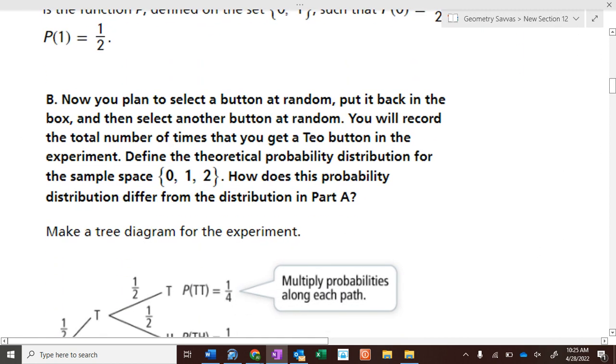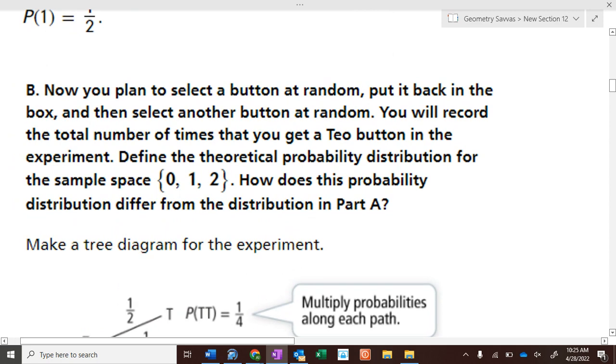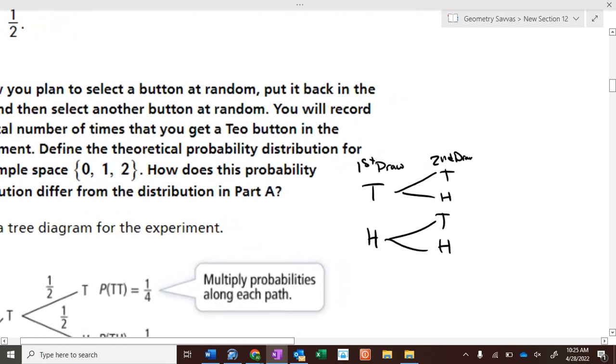But now, let's get a little more complicated. You're going to have 2 draws. The first draw is either Teo or Henry. Then you're going to put it back in and select again. So then you're going to have a second draw with either Teo or Henry. Okay?